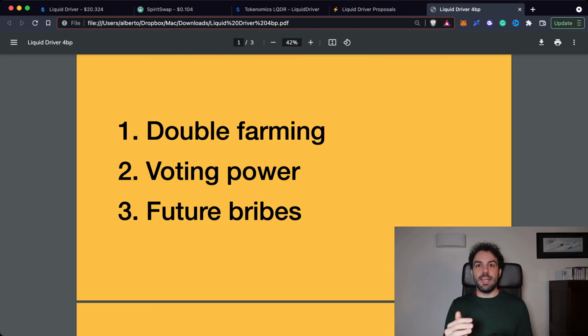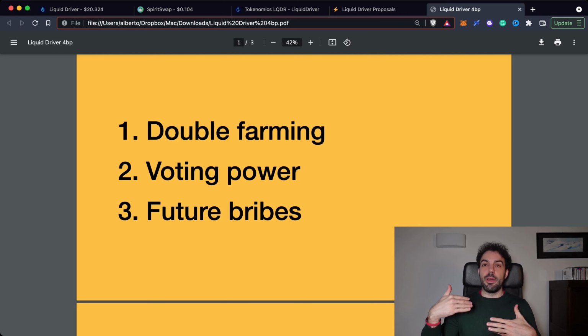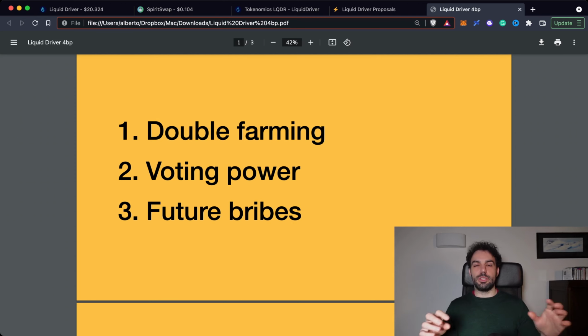On the other side, in the future, people who own the tokens of Liquid Driver can also earn on top of the two APRs they are already earning, because they can also add some APR from bribes. Protocols or people who have an interest in voting on Beethoven X, on Spiritswap and so on will be incentivized to own the token of Liquid Driver. And if you own it, you can sell your voting power to someone else and increase your rewards even more.